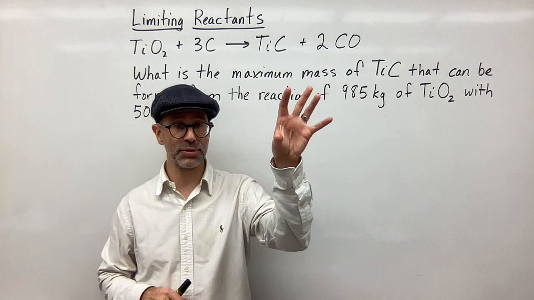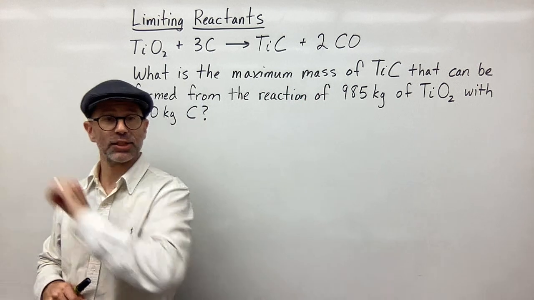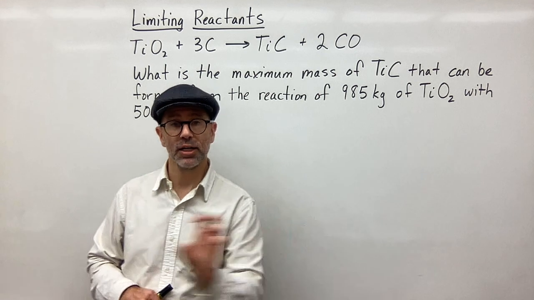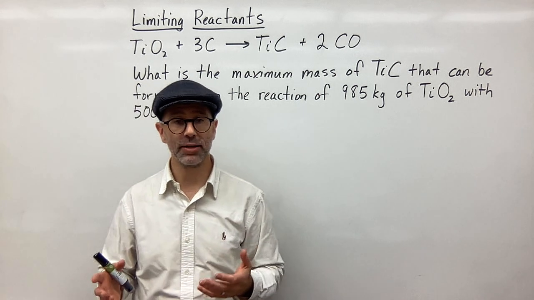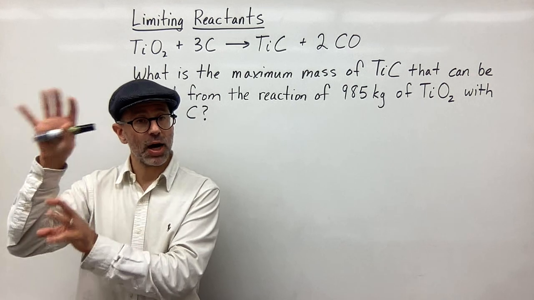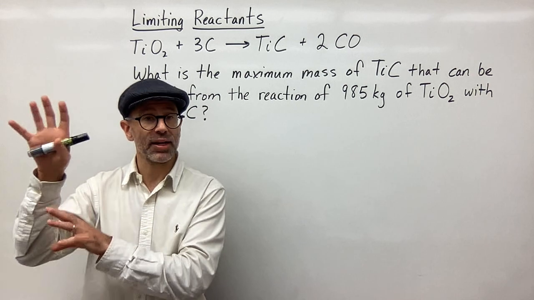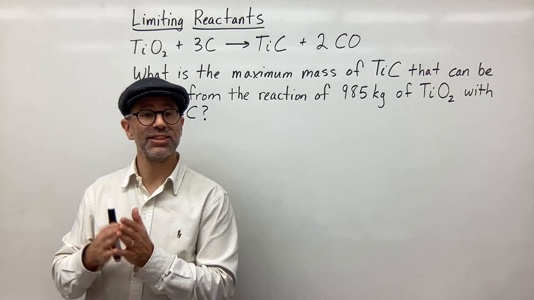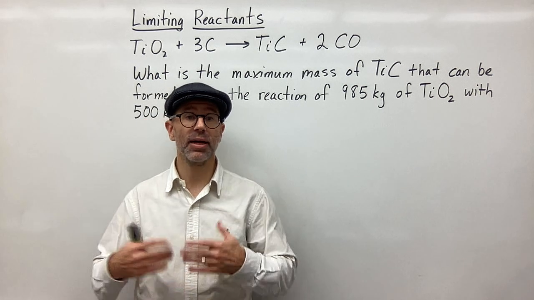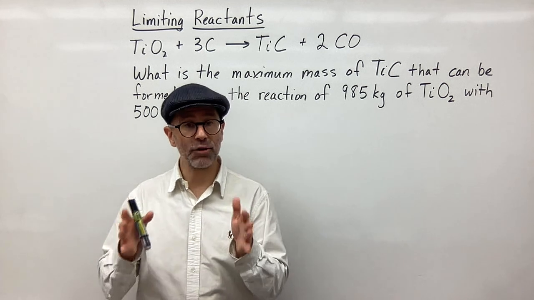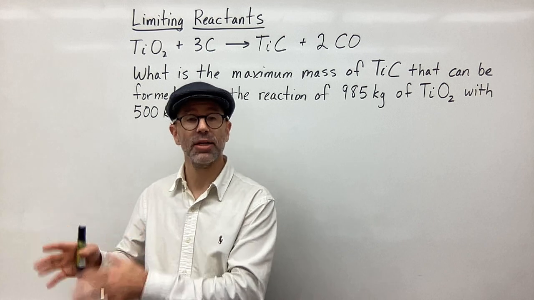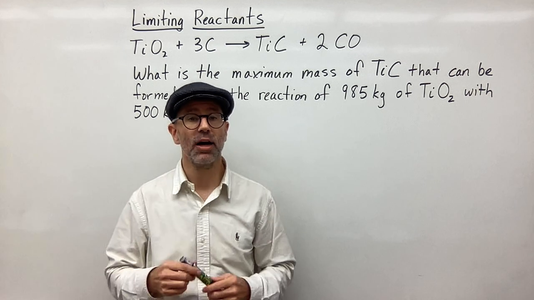I can take grams of reactant A and convert that to grams of product. I can then take grams of reactant B and convert that to grams of the product. And then I can compare the grams of product produced by both, hypothetically. The reactant that leads to the lesser amount of product is the limiting reagent, because it limits the amount of product that can be formed to a smaller amount.